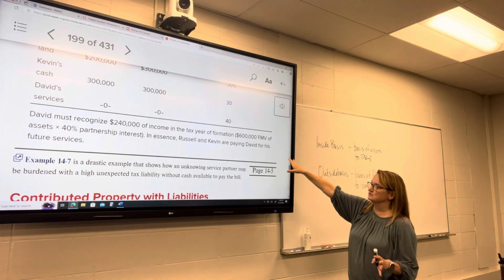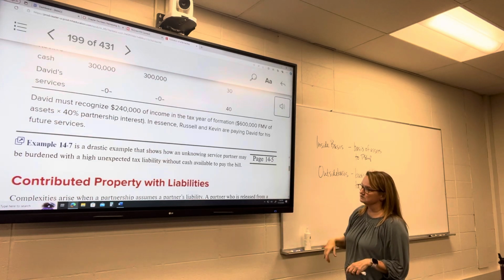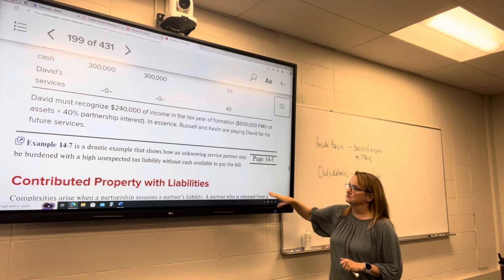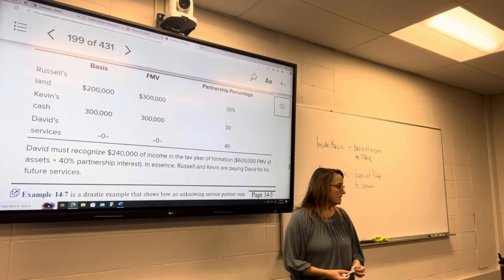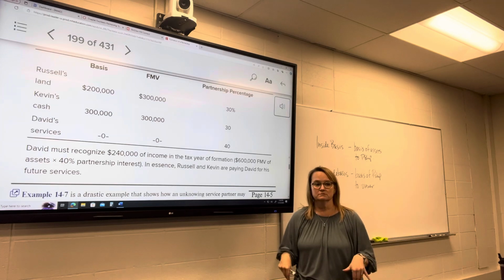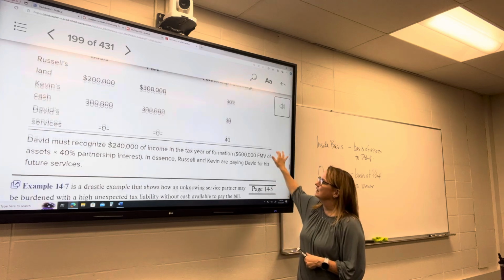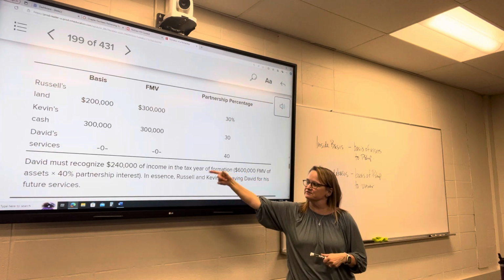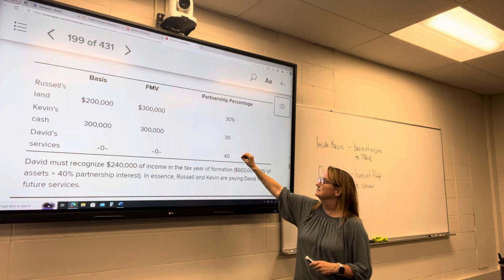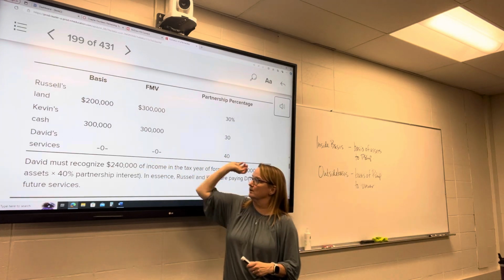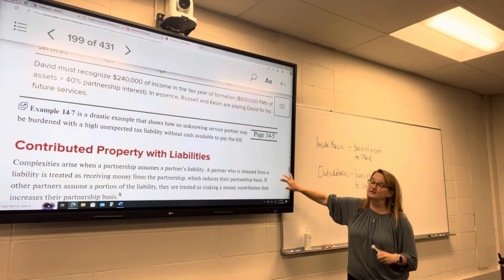Like I said, in essence, Russell and Kevin are paying David for his future services. So that would really suck to have a tax bill on $240,000 that you didn't actually receive, right? What he might do is maybe over the course of a few years spread that out so that his basis is just going to go up gradually in that. But so that's if you contribute services.